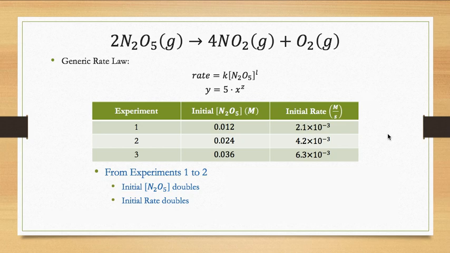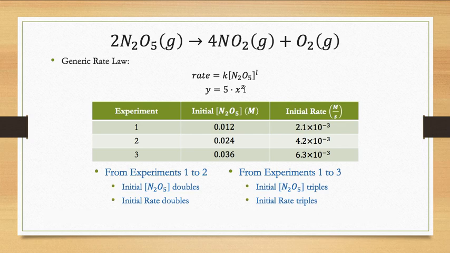Okay? So if we think back to what we were just doing, if I double x and I get double y, the exponent there must have been 1. Because if z is 1, if I double x and I get double y, that would make sense based off of the math here.